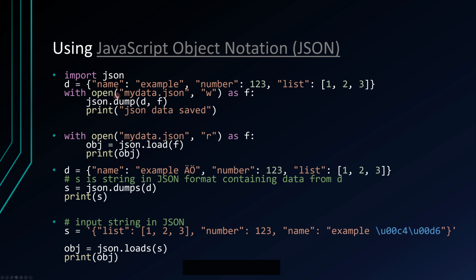So it's almost exactly like here, only the letter S signifies that instead of a file, it is a string. Notice that when we convert this Python piece of data here into a JSON string, its ordering is not necessarily guaranteed. Notice that here this comes like this, at least when I was running this code.